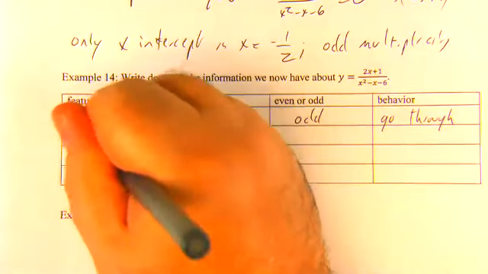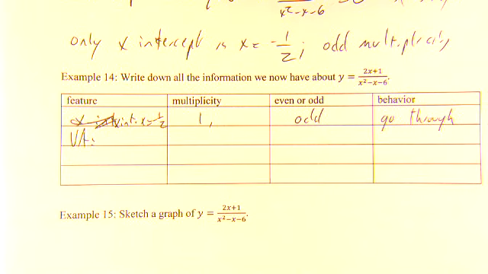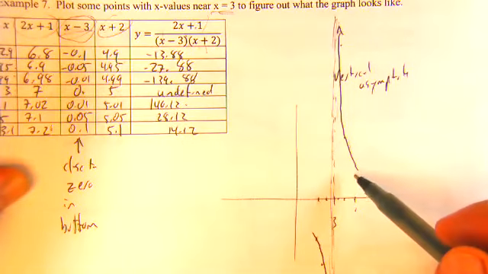Vertical asymptote from before, we talked about vertical asymptotes at some point. We talked a little bit in the previous lecture about finding the vertical asymptotes of this.